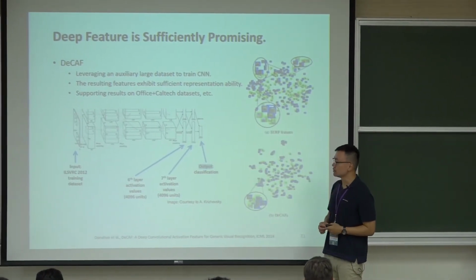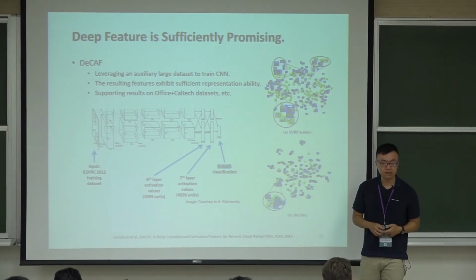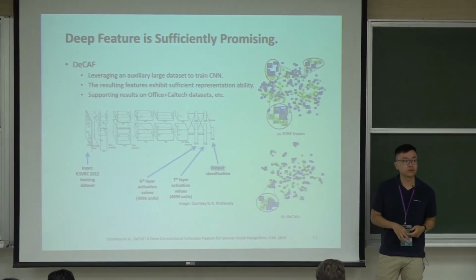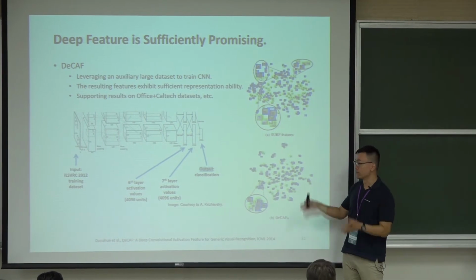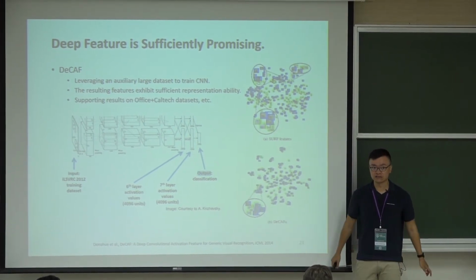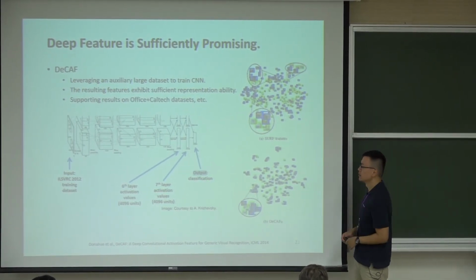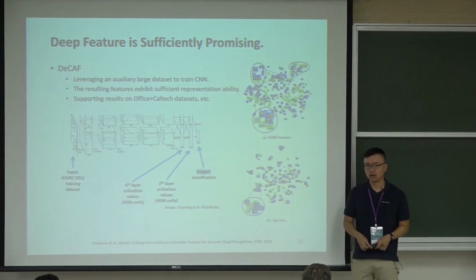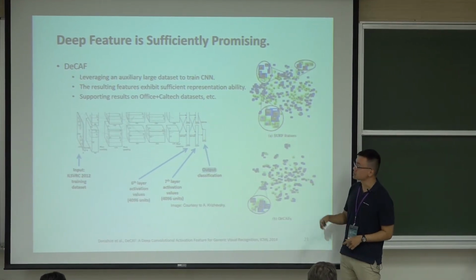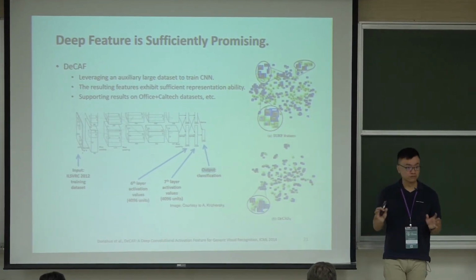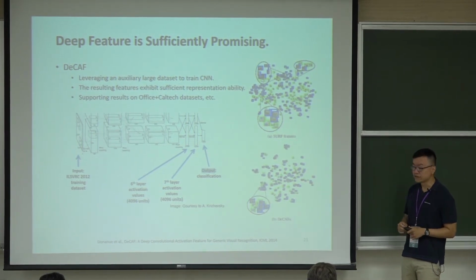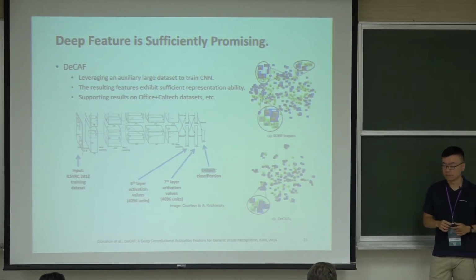So now let's see what happens if we start using CNN features to deal with the aforementioned cross-domain classification tasks. Previously, people started using DeCAF features. It's very simple, standard, basic deep learning models.